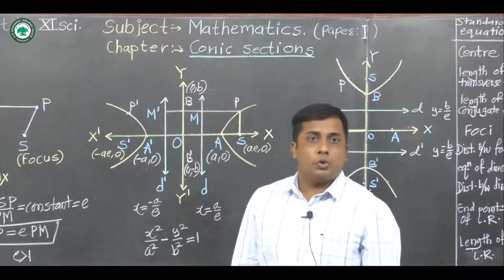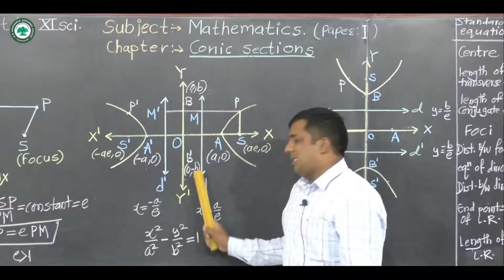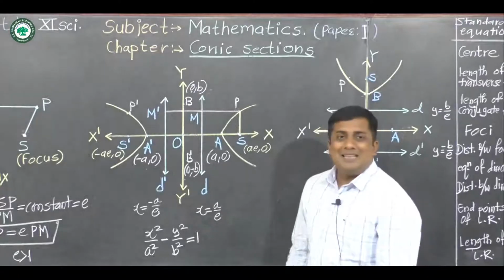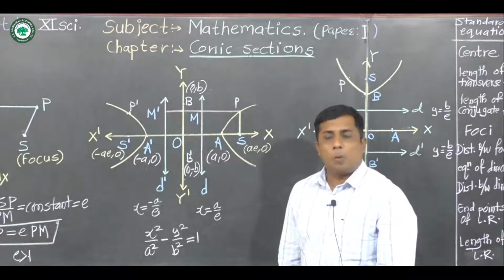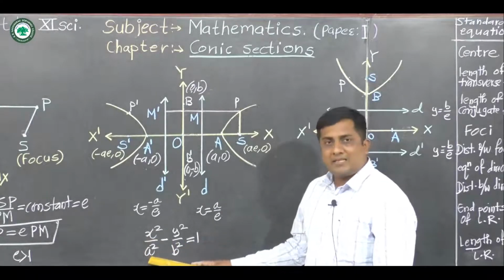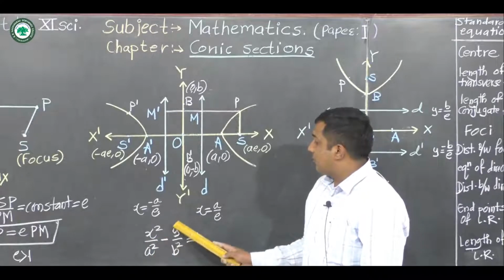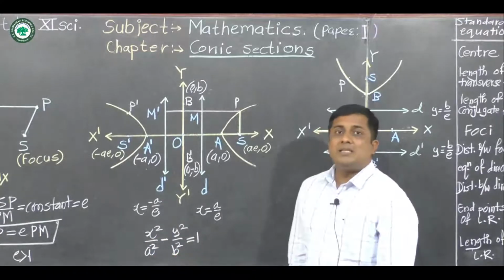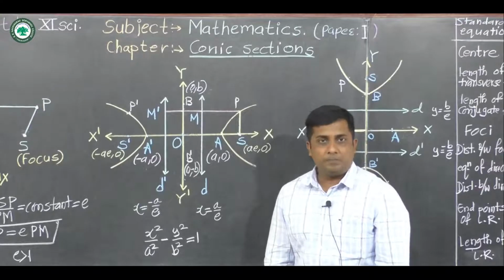So this is all about the standard equation of the hyperbola x square upon a square minus y square upon b square is equal to 1.